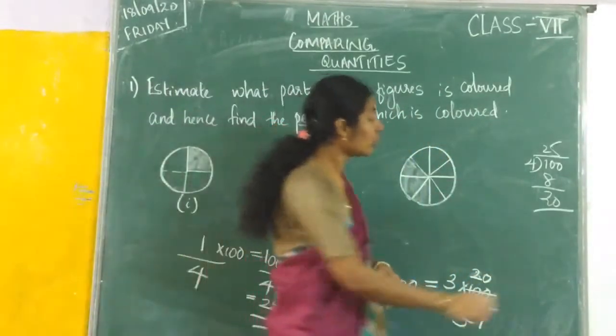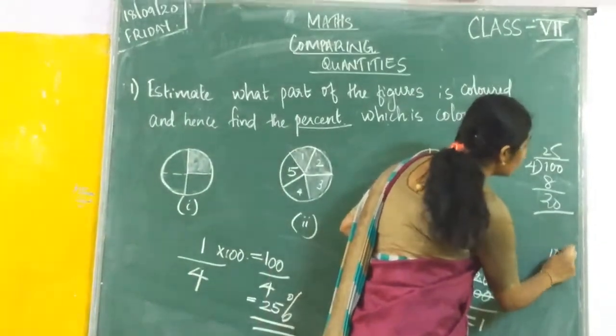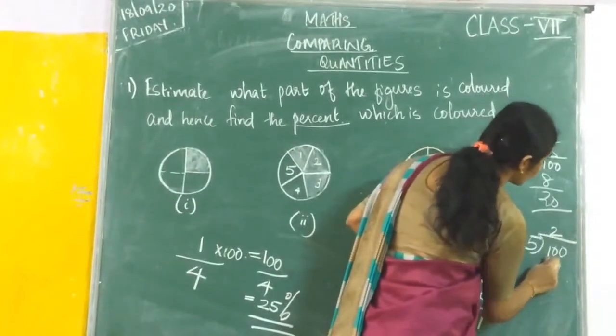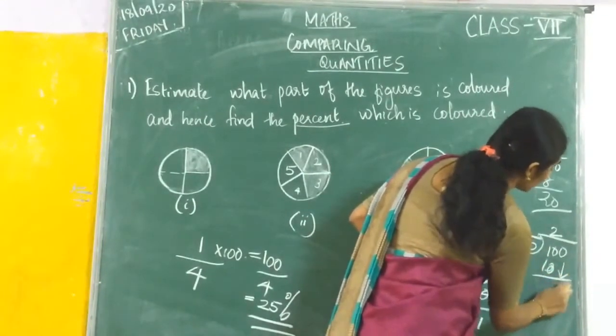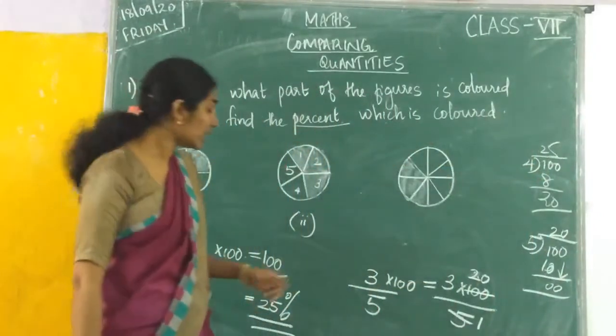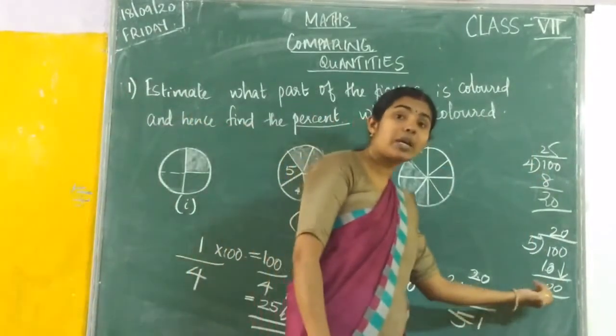If you have any doubt, 100 when you divide by 5, what will you get? 20, isn't it?